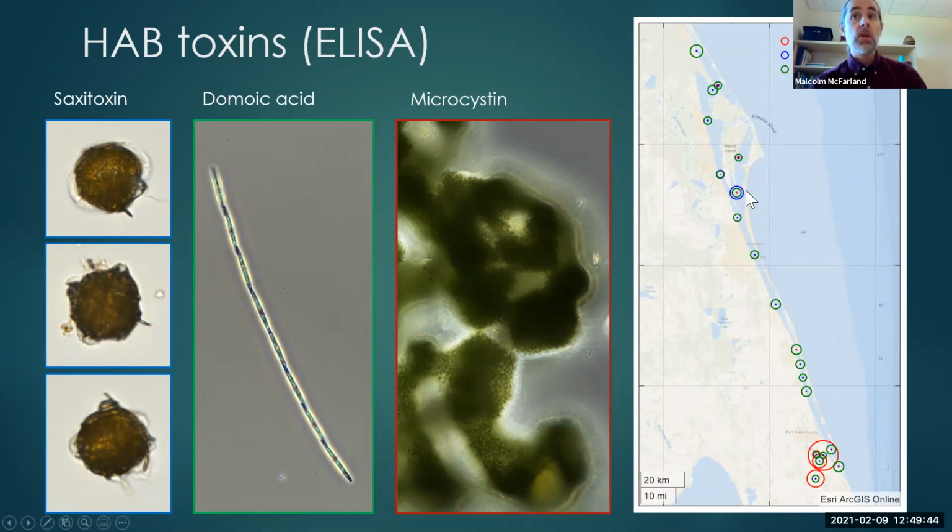That's where we're finding that organism and that toxin, so that makes sense. But this domoic acid, produced by the Pseudo-nitzschia which I was talking about, we're finding all over the place. Not high concentrations, but enough to be measured, and really pretty much everywhere.